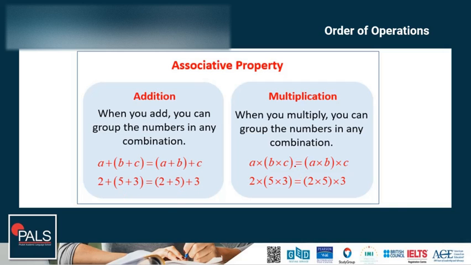Now with multiplication, A times B times C, if you start multiplying B and C, and then A, is the same as multiplying A and B first, and then multiplying by C. Okay, the same number. 5 times 3 is 15, and then times 2, which is equal to 30, is equal to 2 times 5, which is 10, times 3 is also 30.